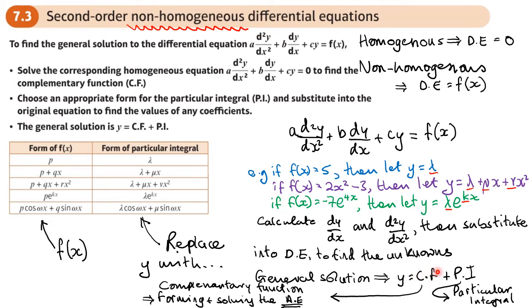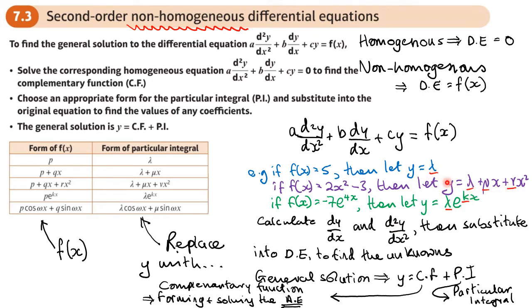The complementary function, which is where you imagine this is equal to 0 and you solve this using a previous method from section 7.2, and we add to that the particular integral, which is what we get when from f of x we find the form of the particular integral, and then we go through this process and work out the value of these unknowns.